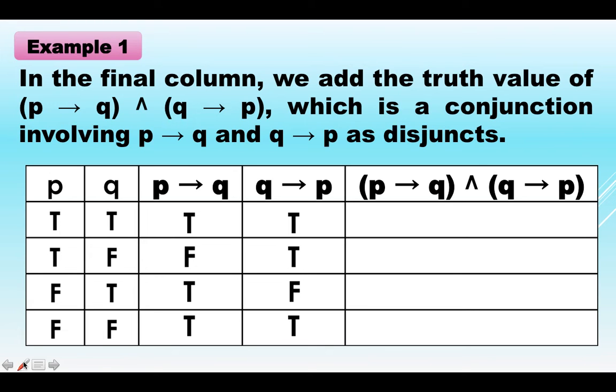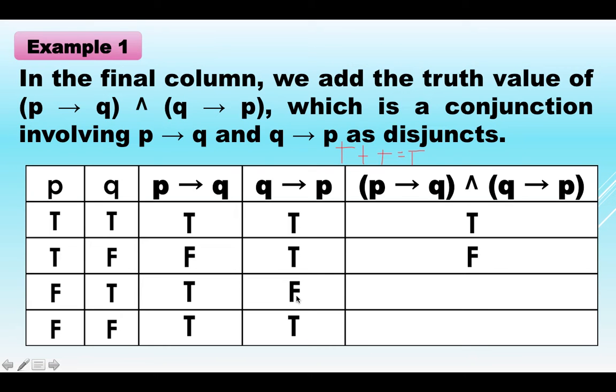Again, for conjunction, our rule is true plus true is true. Or T plus T is T. And the rest is false. Yun ang rule natin kanina. So ngayon, we have both true here, so therefore true. May isang F, so this is false.